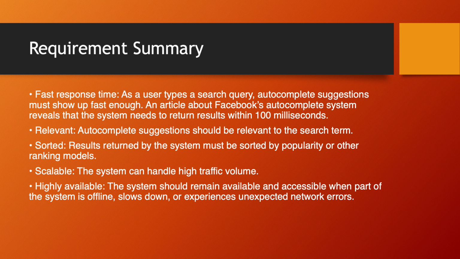Autocomplete suggestions should be relevant to the search item, which is kind of obvious. Sorted. The results returned by the system must be sorted by popularity or other ranking models. Scalable. The system can handle high traffic volume. Highly available. The system should remain available and accessible when parts of the system are offline, slow down, or experience unexpected network errors.